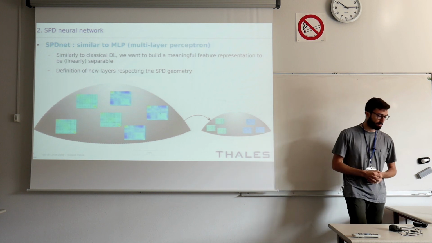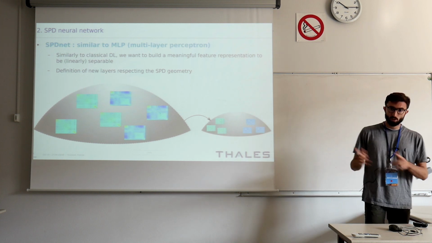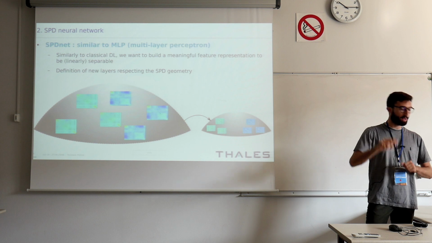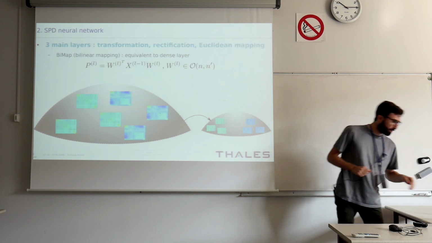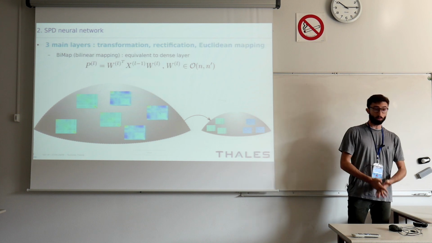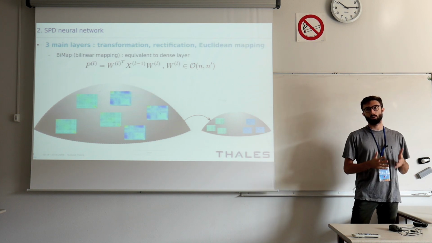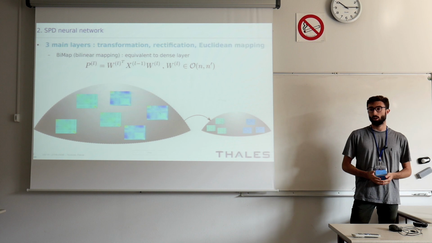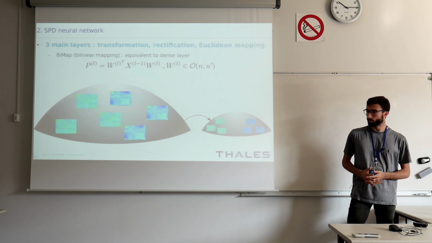And we do so by learning a hierarchy of layers, of functions. To do so, the original authors propose three main layers. The first one is a bilinear mapping layer. Its equivalent in a classical Euclidean neural net is the linear or dense layer.